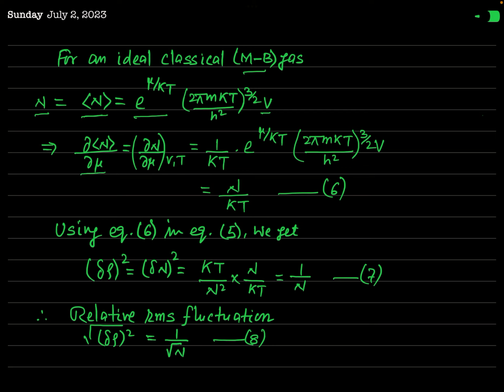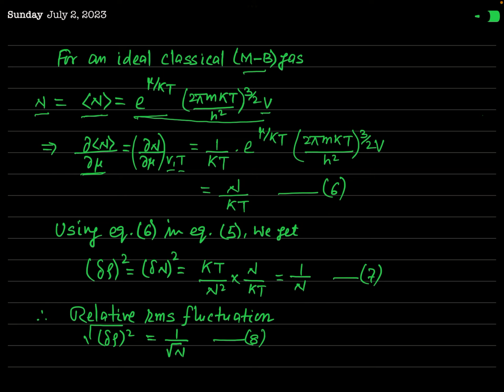Actually in place of this mean value of n, again I have written n only. As you can see in the RHS of this result, when we differentiate partially with respect to mu, keeping v and t constant, only mu is variable and all other factors are constant.